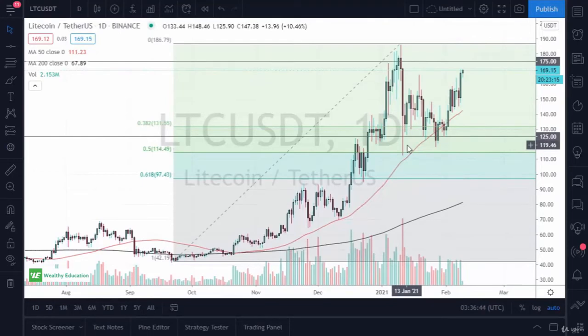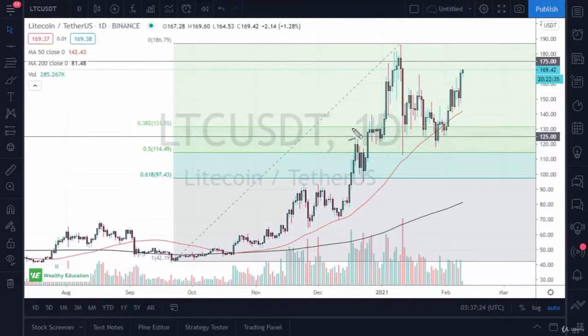So when you see a huge bar or candlestick like that, and it has massive volume, and then you see a little bit of a turnaround, quite often that will be a sign that maybe the market is running a little ahead of itself. It's running out of steam. The 50-day EMA causes a lot of interest, so does the 50% Fibonacci retracement level. And you can see that we bounced quite nicely, came back to the 125 level, and the 50% fib, or just a little bit above it, the 50-day EMA, all that kind of comes into play here.